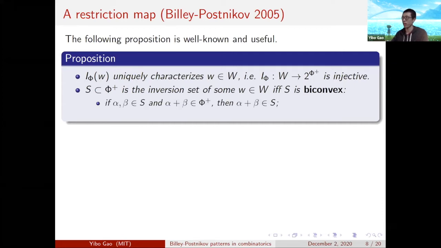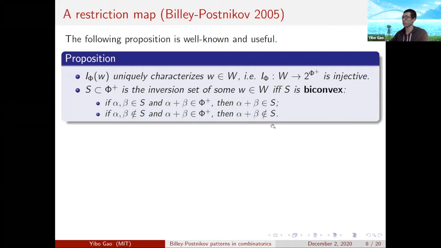That says that if alpha and beta are in S, and their sum is a positive root, then their sum is in S. And if neither is in S, but alpha plus beta is still a positive root, then alpha plus beta cannot be in S. So both S and the complement of S are convex.